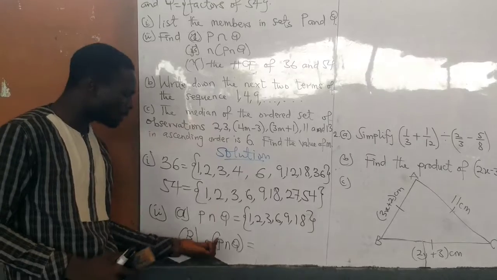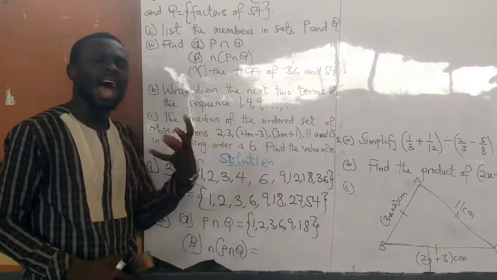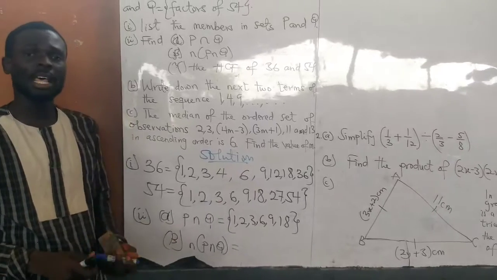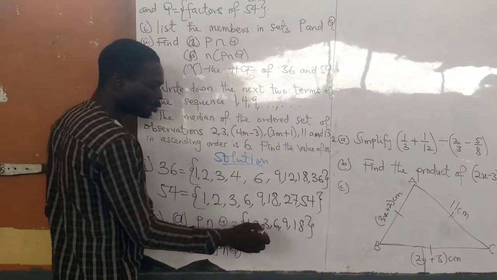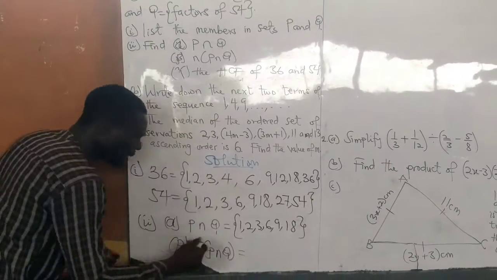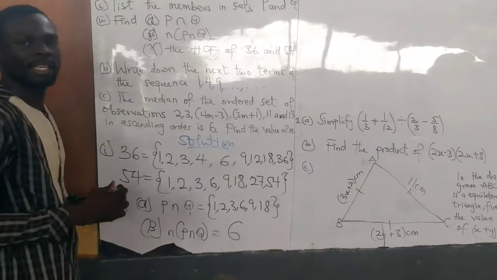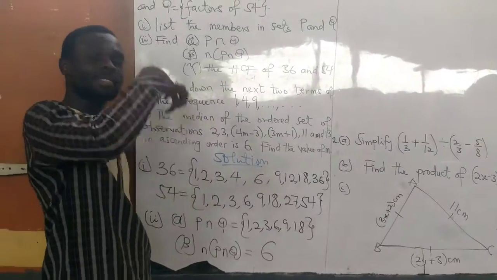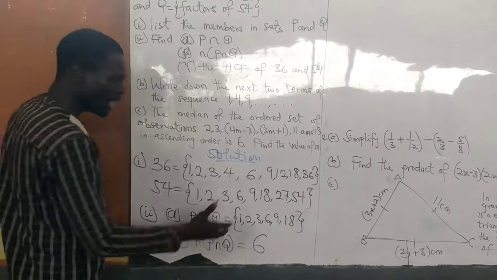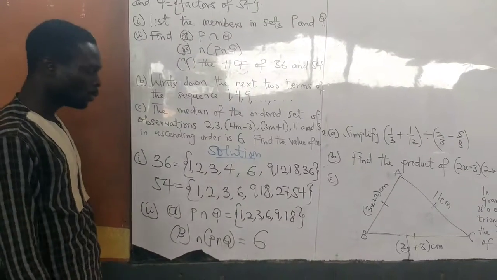So the number of P intersection Q means how many elements are in P intersection Q. So let's count together. 1, 2, 3, 4, 5, 6. So the number of P intersection Q is 6. That is, we have 6 elements in the set P intersection Q. And this is what we were supposed to do.